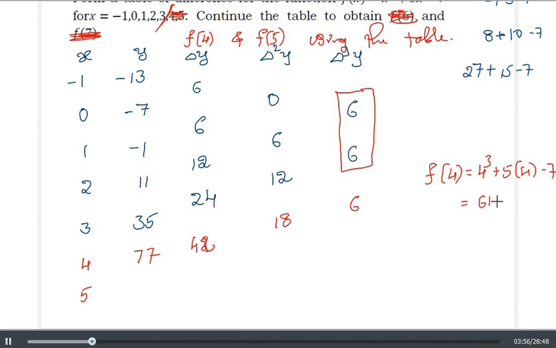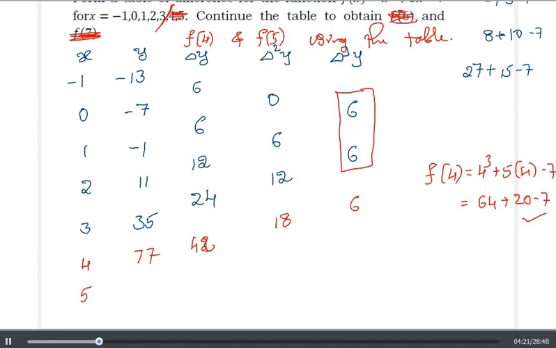All right, so that is 64 plus 20 minus 7. Did you get the same thing or different? 77 came, sir. Yeah, that is 77 only. So therefore it is correct whatever we have done. Similarly you can get the other one also.